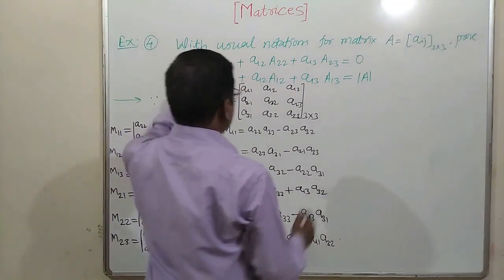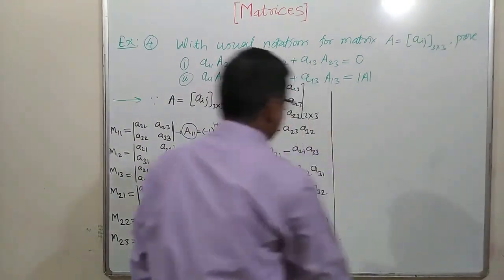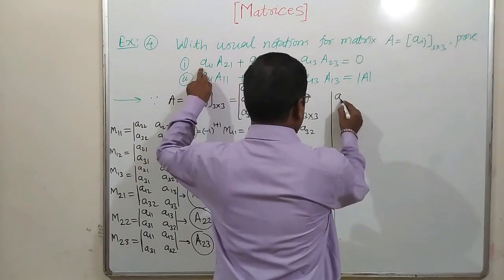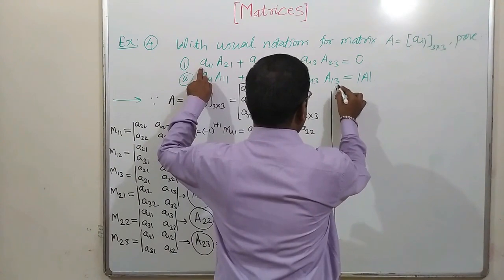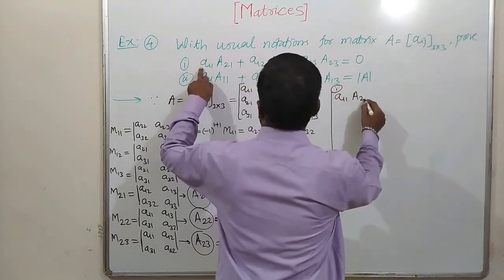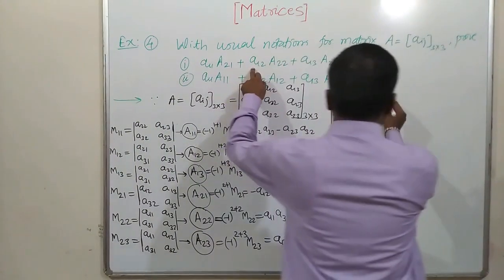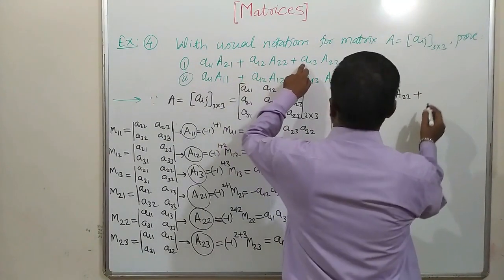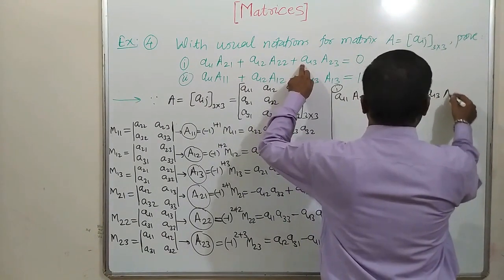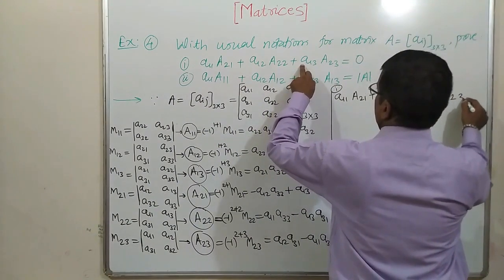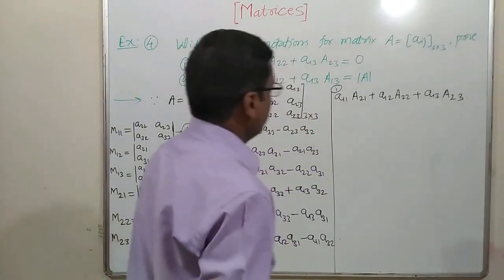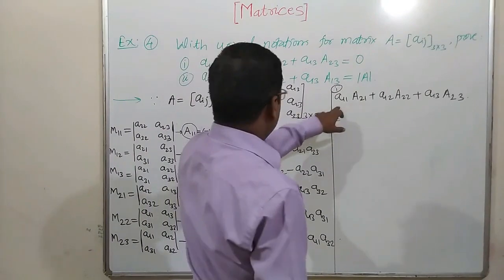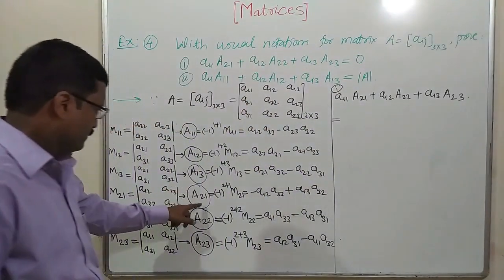Now you have to prove this. For this, first take a11, a21, a11, a21 plus a12, a22 plus a13, a23 is equal. Here multiplying a21 by a11. a21 is here.